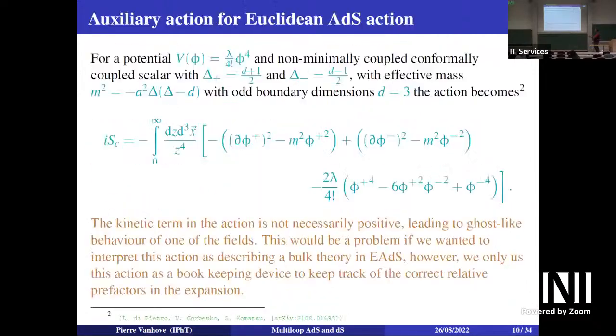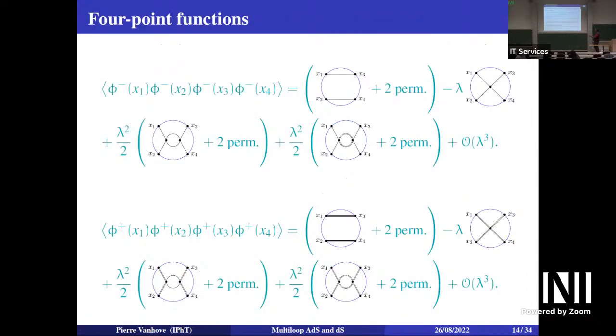But because your action here has this mixing term as well, and this is the difference between this de Sitter computation compared to anti-de Sitter computation, if you were just doing anti-de Sitter, you would just have one type of line, but here you have this mixing term where the delta equal 2 field can run in the correlator for the delta equal 1 field.